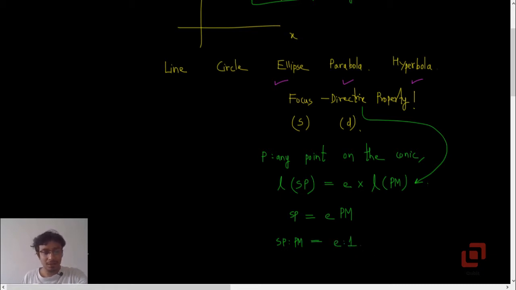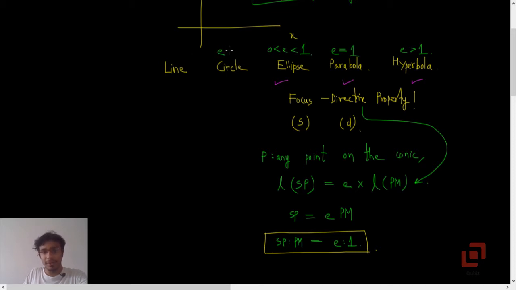Based on this and the section formula, we come up with the standard equations of ellipse, parabola, and hyperbola. Just to remind you, for parabola the eccentricity is 1, for hyperbola the eccentricity is greater than 1, and for ellipse it is between 0 and 1.